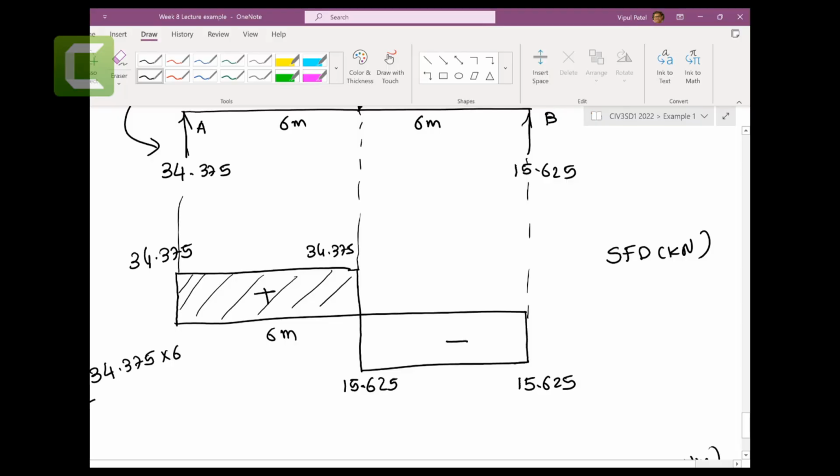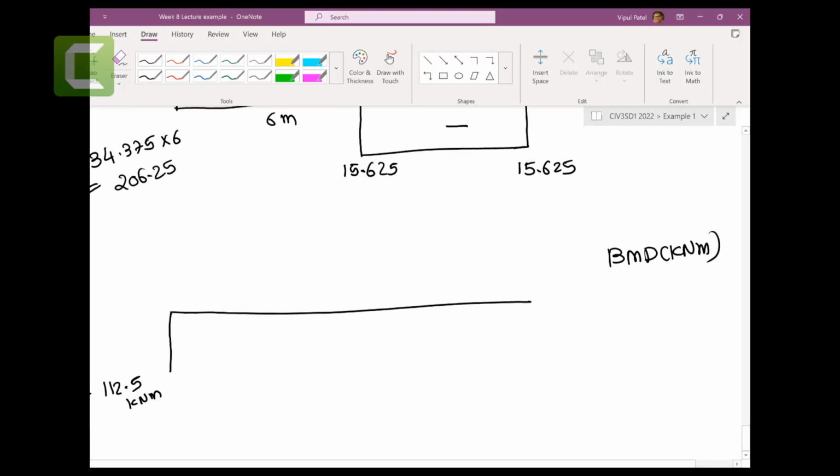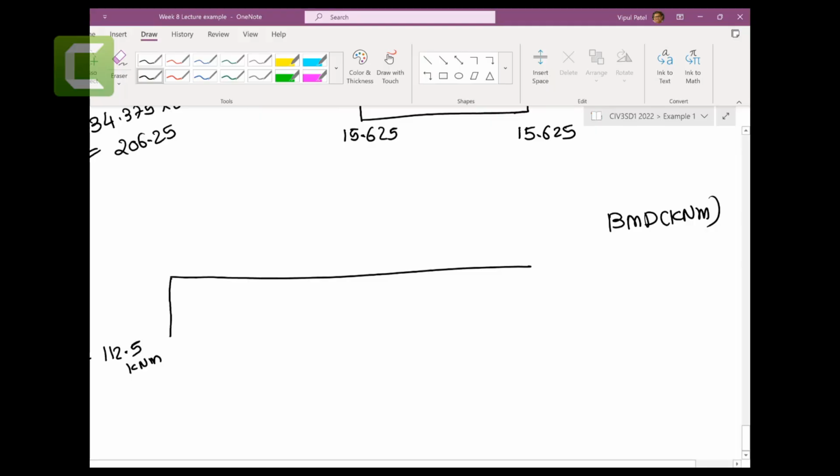34.375 times 6. You get 206.25. So positive 206.25. Take away 112.5, that is coming from here.